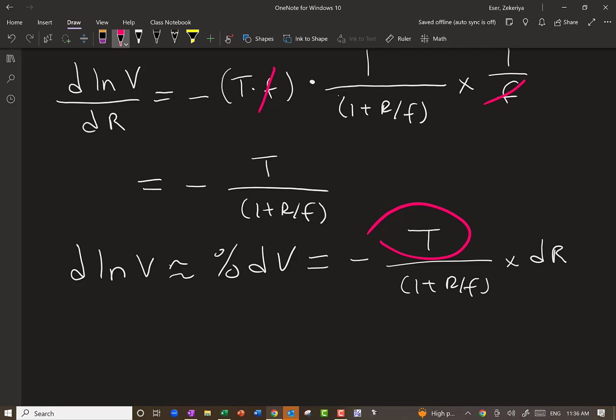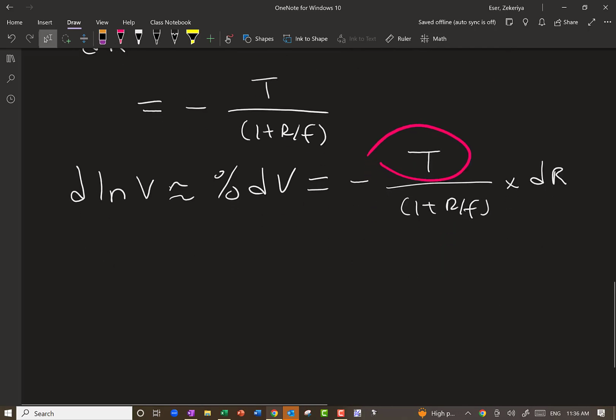So we're gonna first define a concept called Macaulay duration. This is named after an economist that came up with the concept in 1930s. His name is Macaulay.